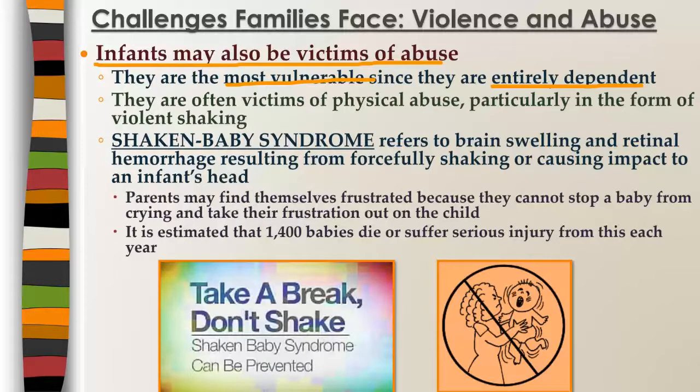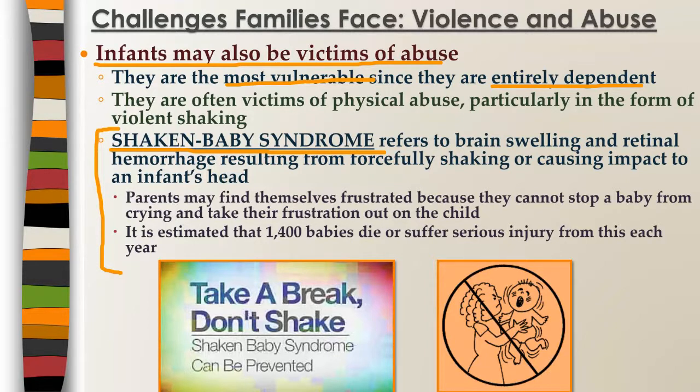And primarily because of something we call shaken baby syndrome, which refers to when a caregiver, a mother, father, someone else taking care of the baby, just becomes so frustrated with the fact that they can't get a baby to stop crying that they decide to take their frustration out on the child by shaking them forcefully. Of course, babies' brains are still developing.